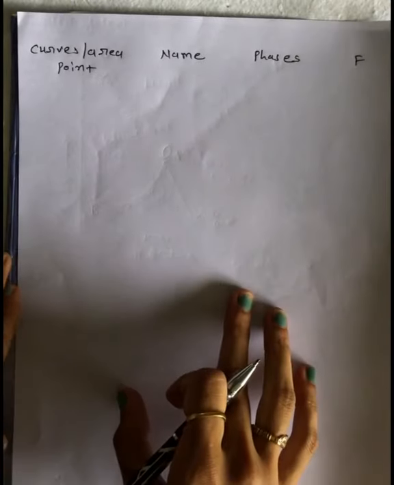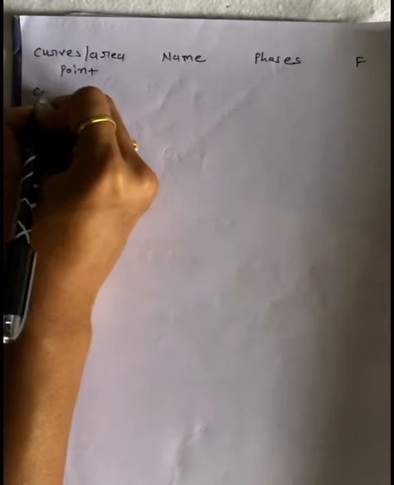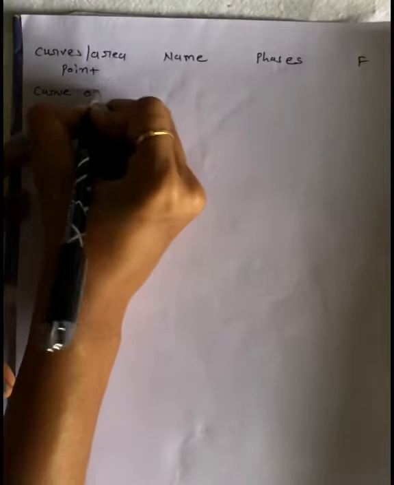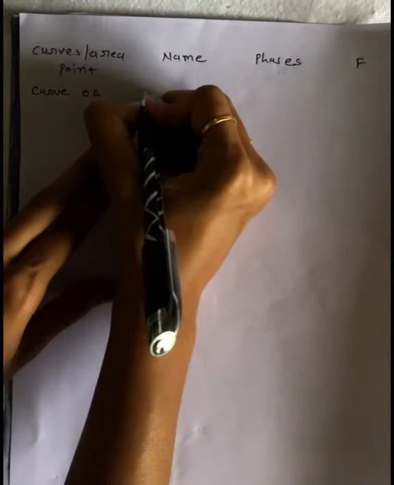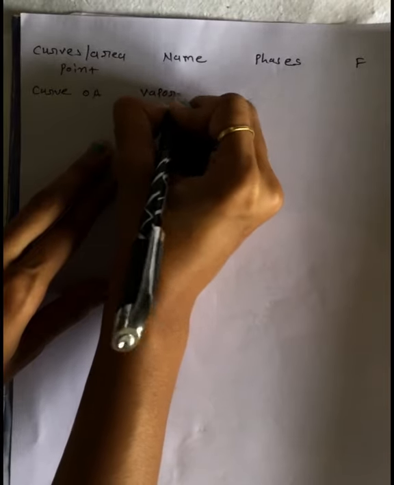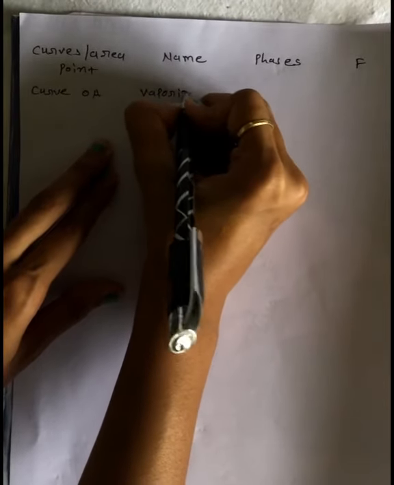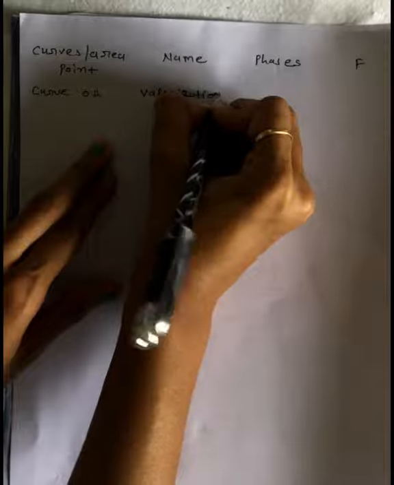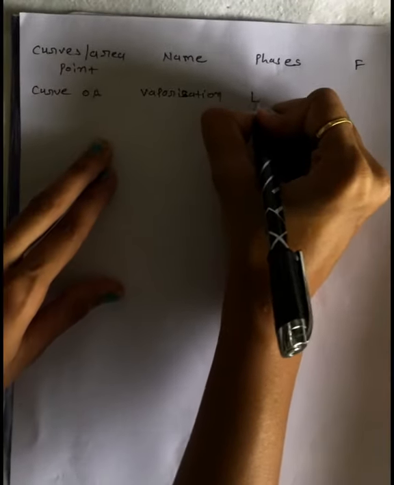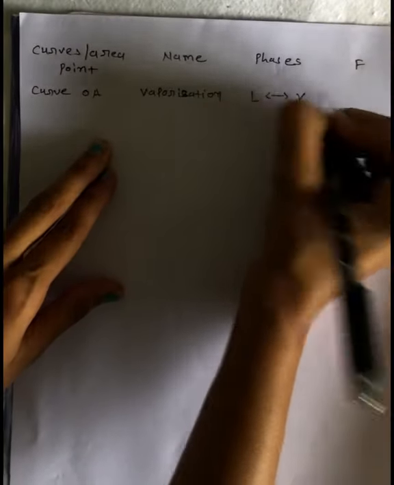So here I give you an overview of the water system. Curve OA. What is the name of curve OA? Vaporization. What is the phase here? Liquid into vapor. And what is the degree of freedom? 1.